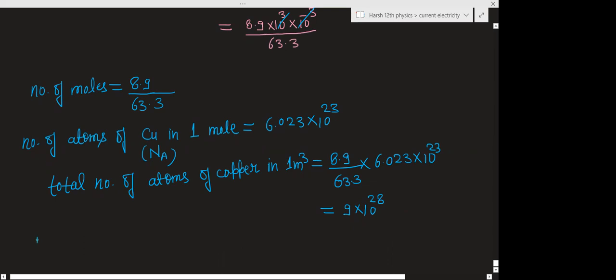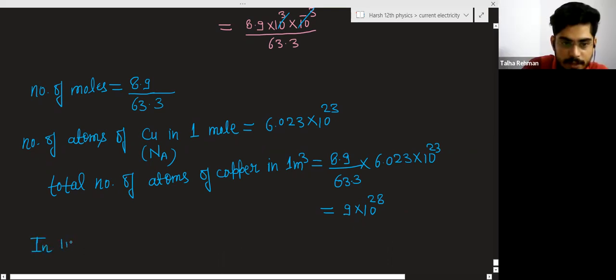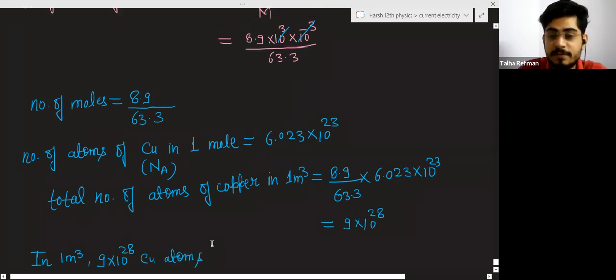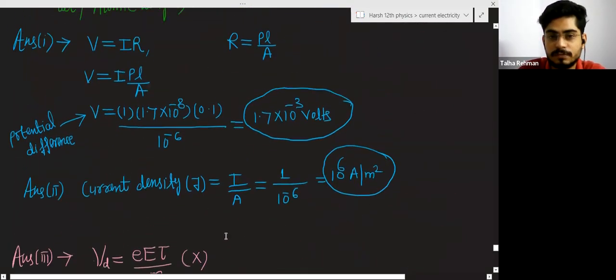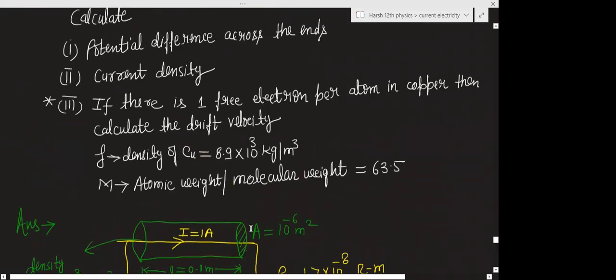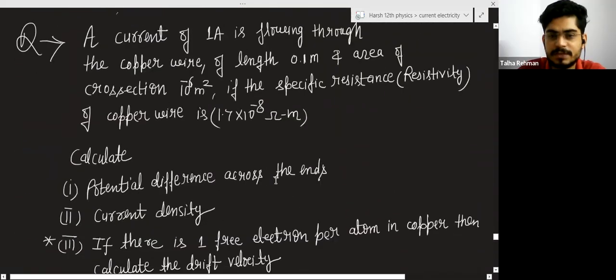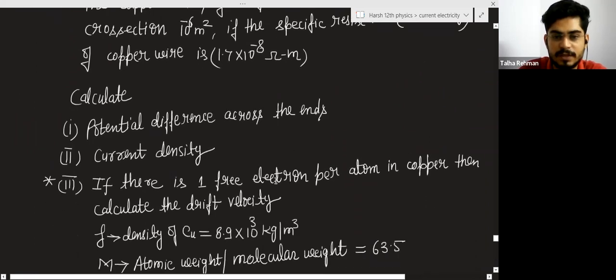They are saying in one atom there is only one free electron. See here, each and every statement of the question is important. They are saying one free electron per atom in copper.